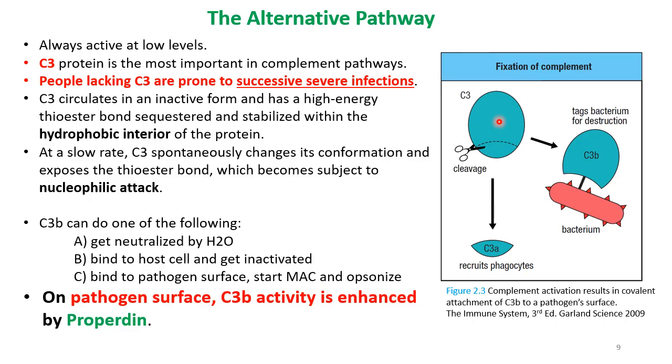once in a while you're going to have a bit of a conformational change, and when that happens, you're going to expose a part that has a thioester bond inside of that core, and that can be attacked by water. If water gets in there and attacks that thioester bond, you're going to end up with C3b and C3a.